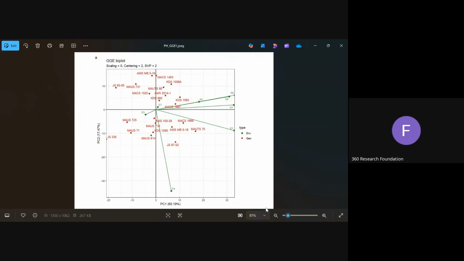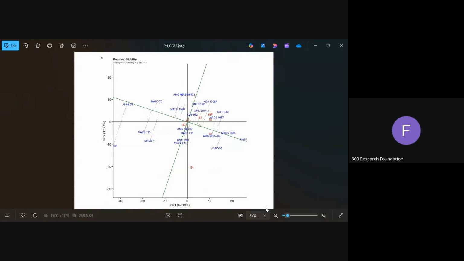Okay, so then the second is mean versus stability. What is the meaning of this? Mean versus stability means what? What will this graph tell us? Deviation from its mean, sir. Yeah, so it will consider mean performance along with stability of that particular genotype. Right? So here the PC contributions are there.